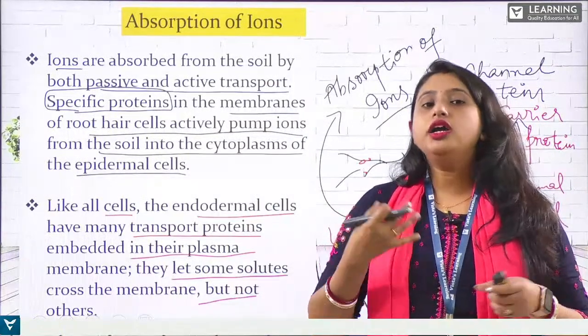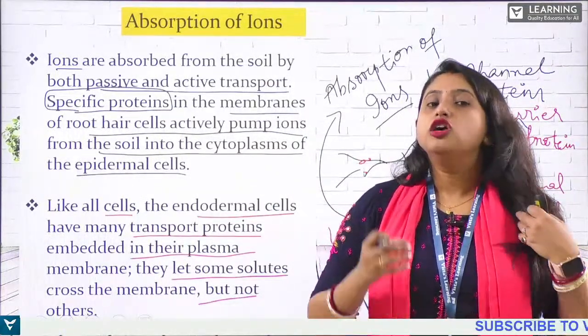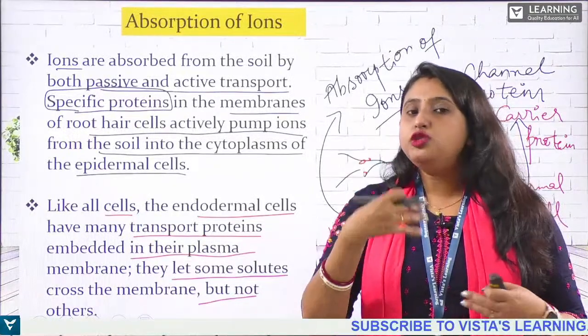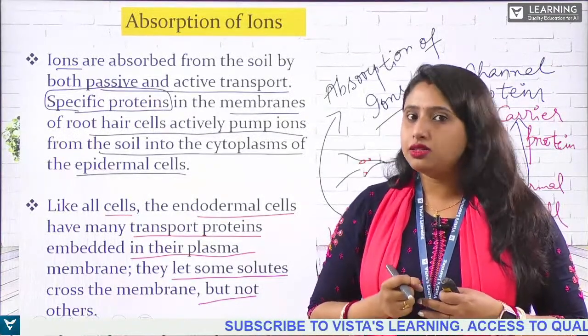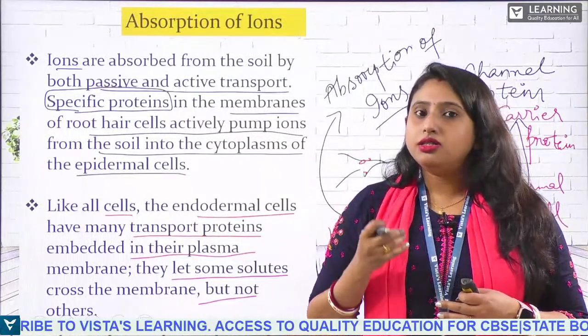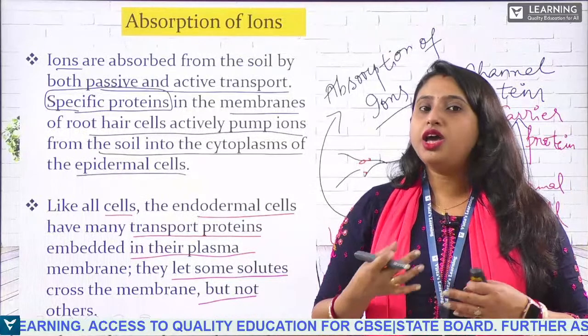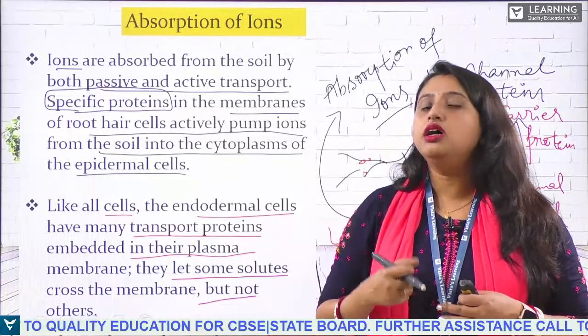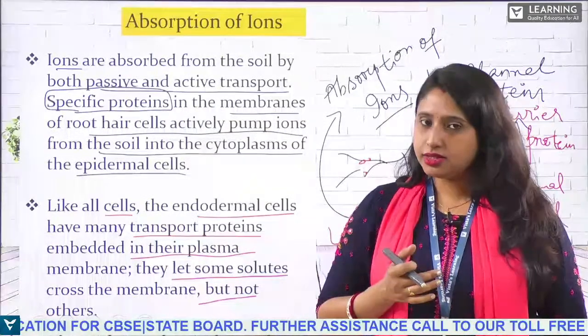Since we are talking about roots, you should know the arrangement of the various cells inside the roots. Some of the endodermal cells inside the roots also have proteins which help in the movement of these ions. Clear?